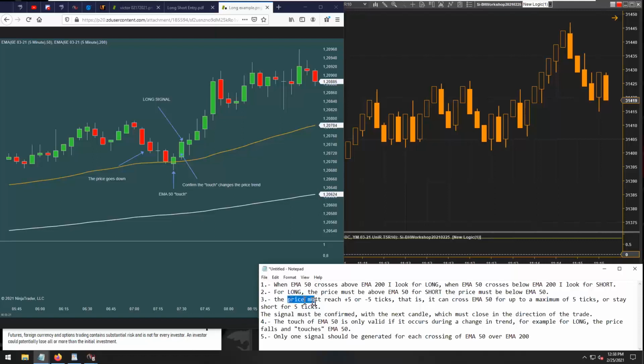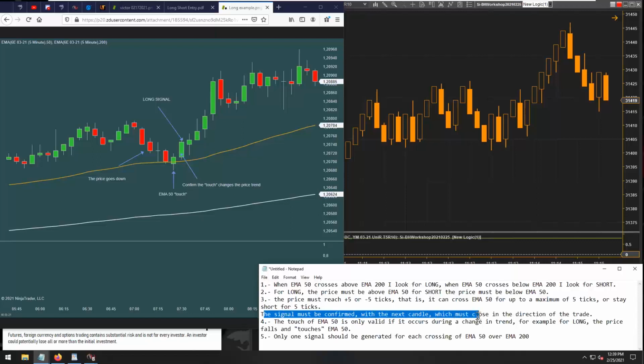So we want to detect when the closing price of the bar gets within 5 ticks above or 5 ticks below the moving average, right? In this case, the EMA50. And then once the closing price gets within the 5 tick range of our moving average, then we need to find, here we go, the signal must be confirmed on the next candle.